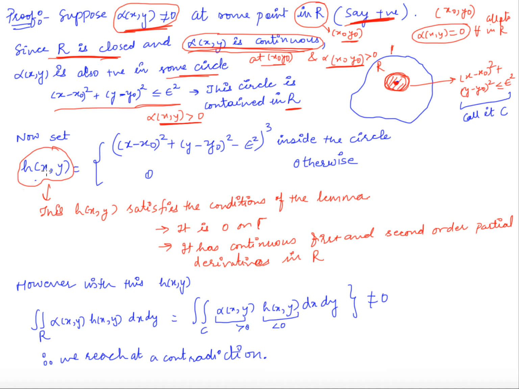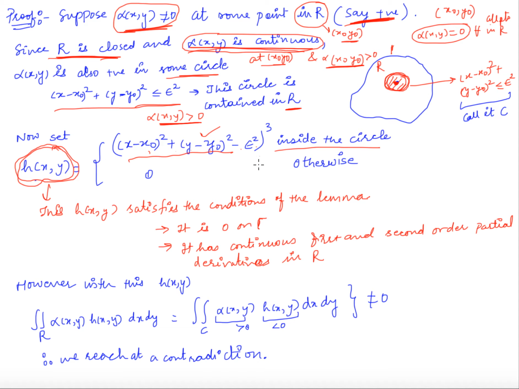Okay. Now you choose a function h(x,y). How are you choosing this function? You are taking this function equal to this thing, (x minus x naught) squared plus (y minus y naught) squared minus epsilon squared, whole cube, inside the circle. In this circle, this function takes this value, and outside this circle it is 0. Everywhere else it is 0.